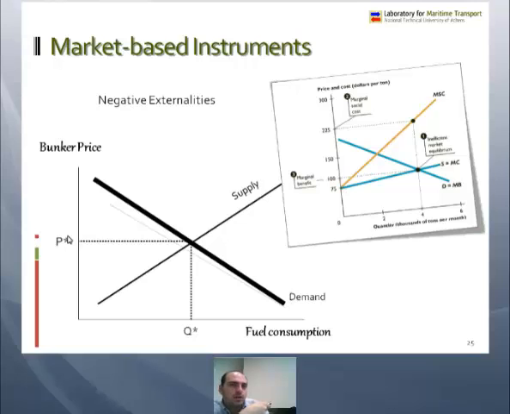I mean, if you include the cost of air emissions in your decision making, the market equilibrium, which is actually here, that's the equilibrium without taking emissions into account, moves to another point here when emissions are taken into account.